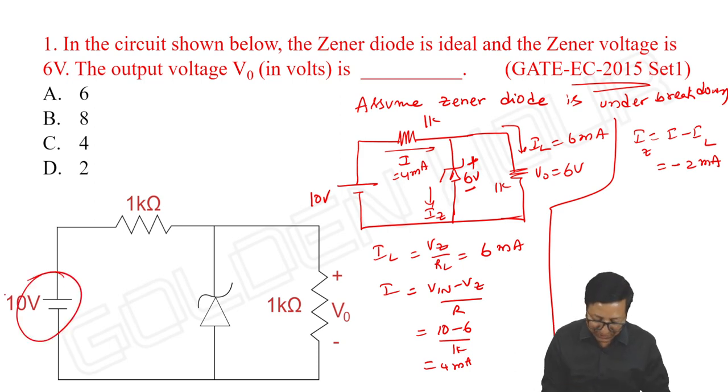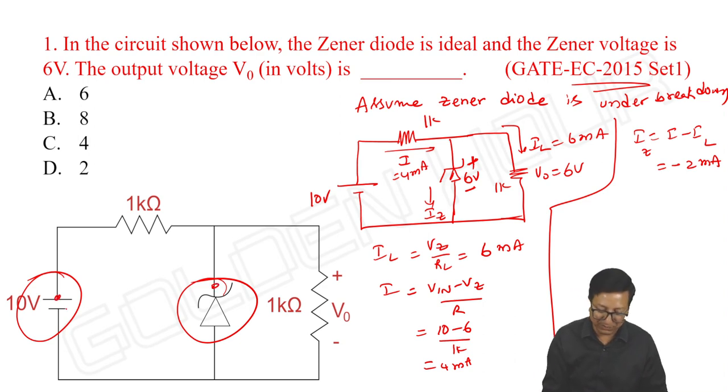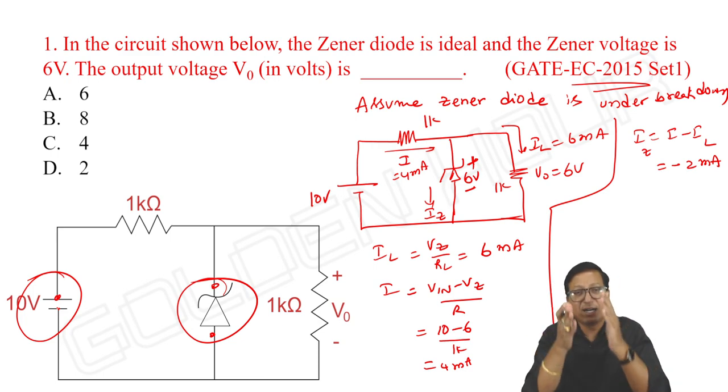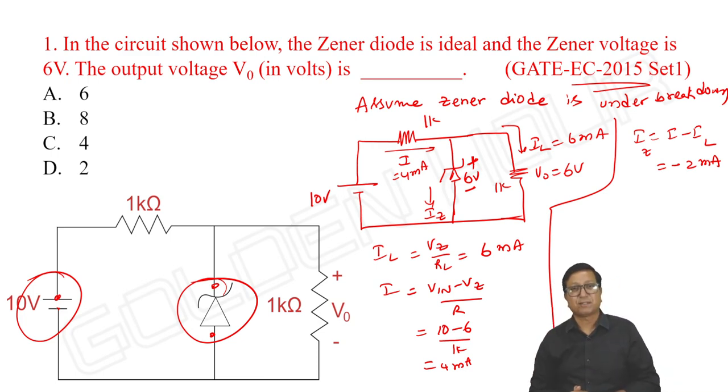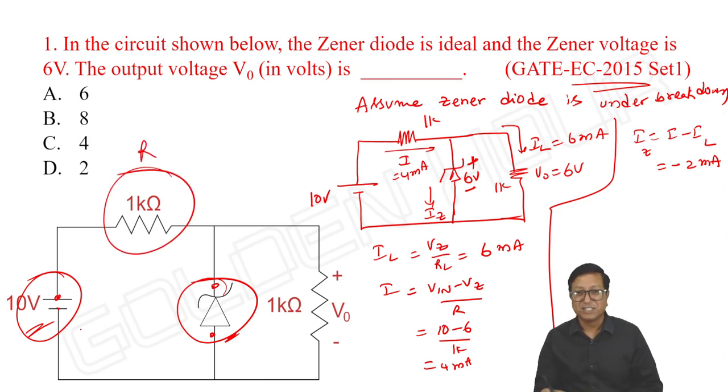With this power supply, is it possible for the Zener diode to be forward biased? Meaningless. The cathode is connected to the positive terminal and the anode is connected to the negative terminal. It should be reverse biased. With reverse bias, it looks like it is under breakdown because input is greater than its breakdown voltage. But the value of R here is so chosen that the current through the Zener diode is coming negative.